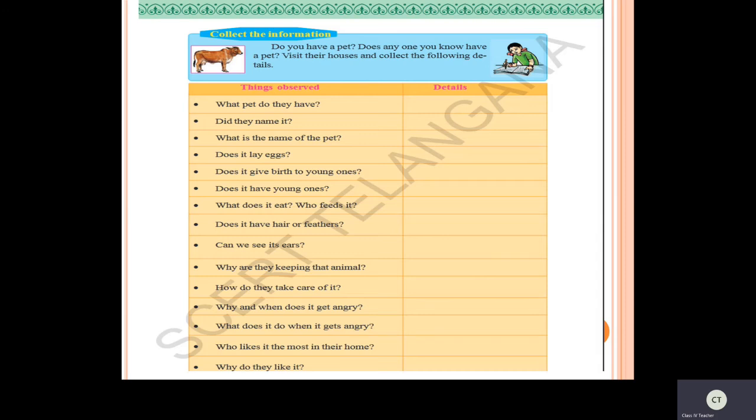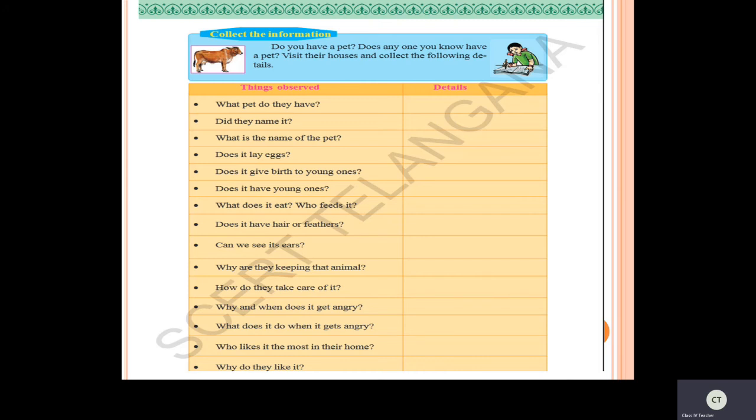Why are they keeping that animal? Why are we keeping this animal at home? In order to guard our home. Yes, for security reasons. Now, how do they take care of it? We offer food, give shelter, and give timely medicines whenever it is sick.